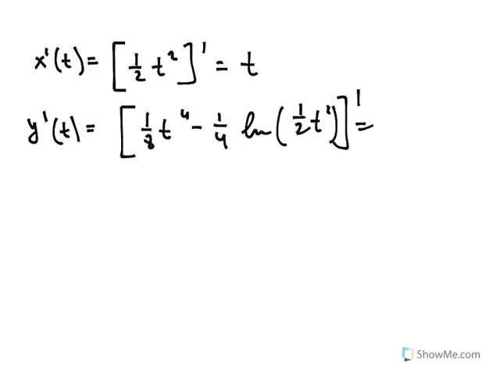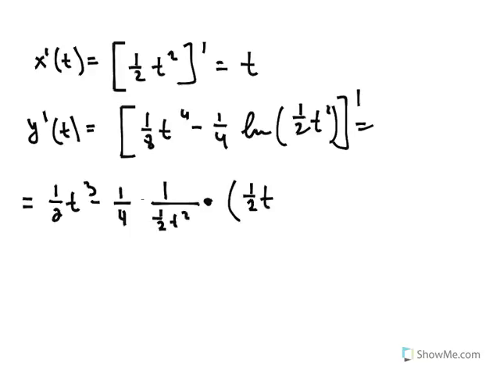Okay, so to find the derivative of that, bring down the 4, and you get 1/2 t cubed minus 1/4. Now derivative of ln is 1 over x. That would be 1 over 1/2 t squared. But times, you use the chain rule, derivative of that.